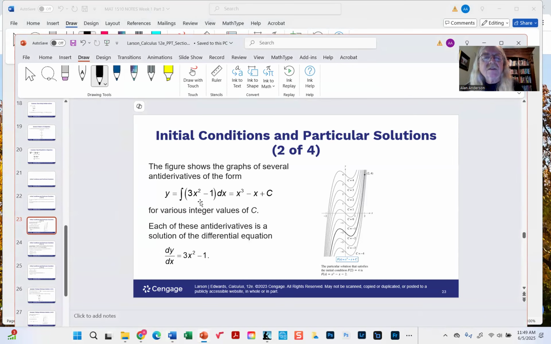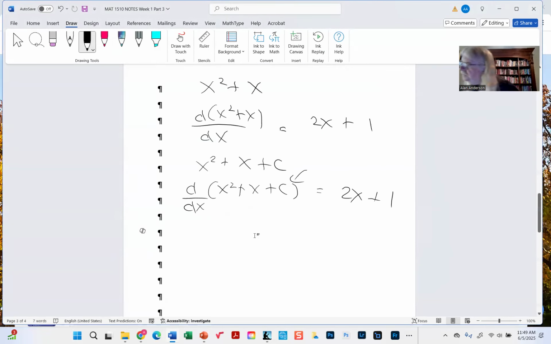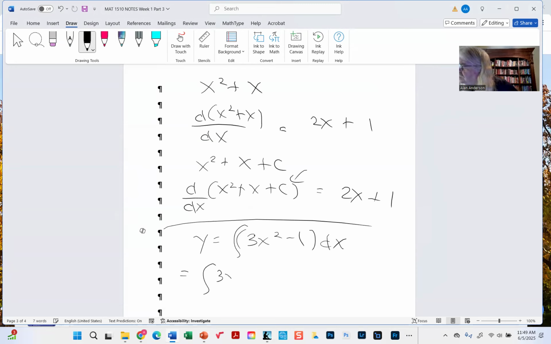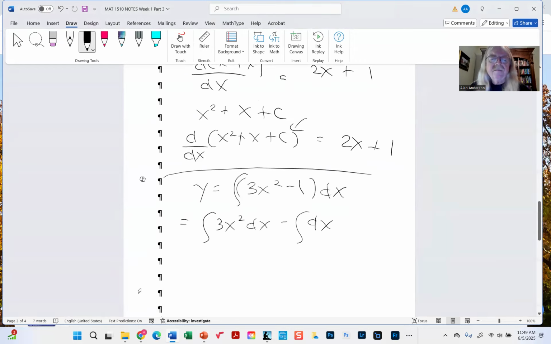Now, let's see. Let's try this one. The integral of 3x squared minus 1. Okay, so you can break this up into two pieces. We can bring this constant on the outside.